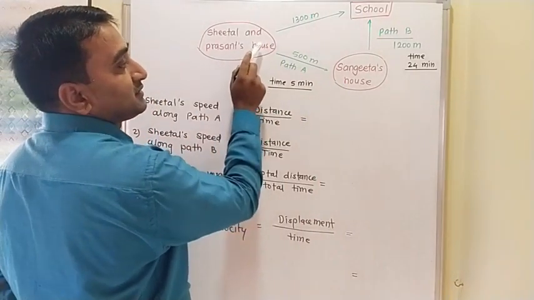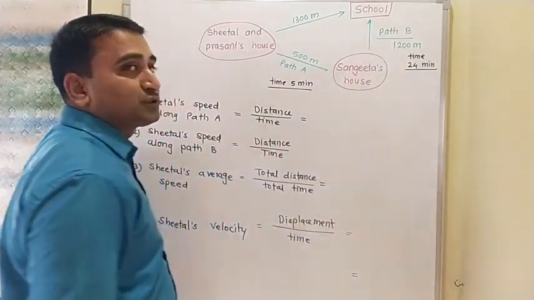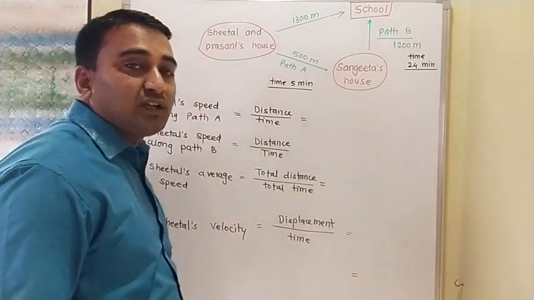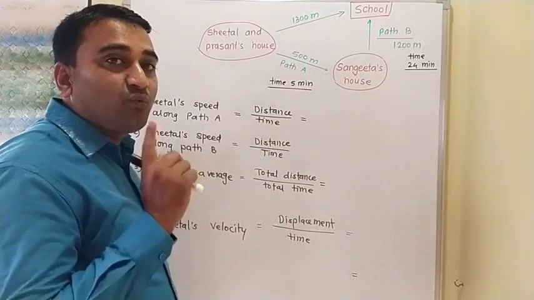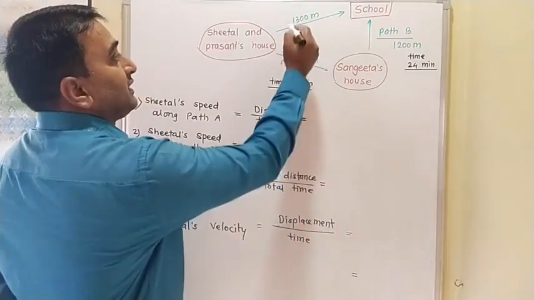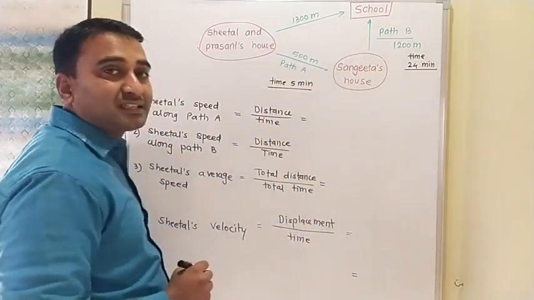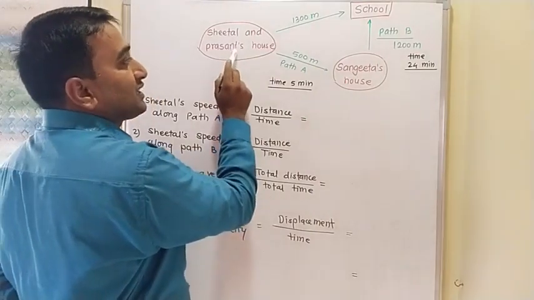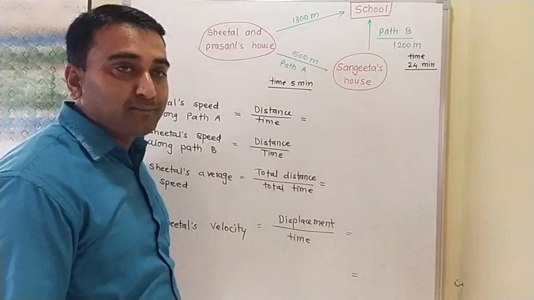Total distance, that is 500 meters and then 1200 meters. So total distance covered by Sheetal is 1700 meters. Here Prashant has adopted the straight path, so Prashant's covered distance is 1300 meters.